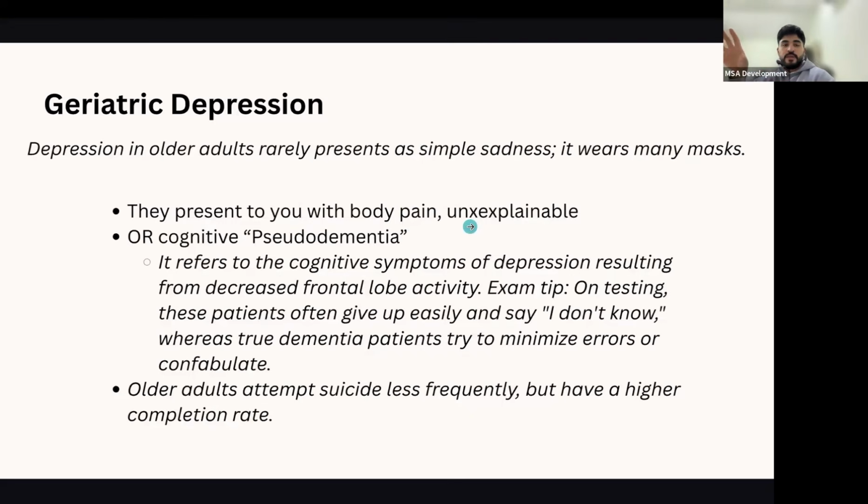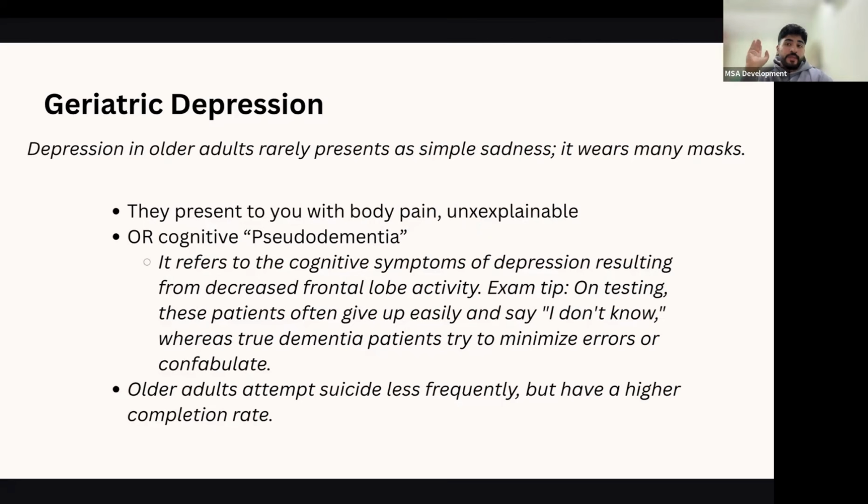So what do we mean by pseudo-dementia? You get these cognitive symptoms of depression from decreased frontal lobe activity. For example, when you're questioning them and asking them things, they're going to say, I'm tired, I don't know, and they're not going to answer or engage with you.